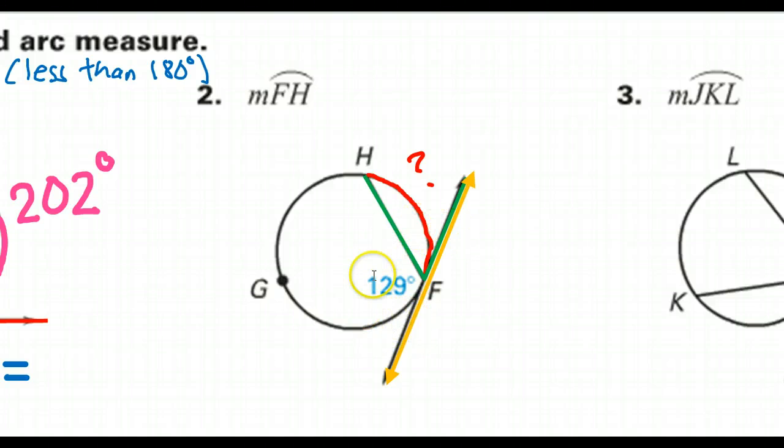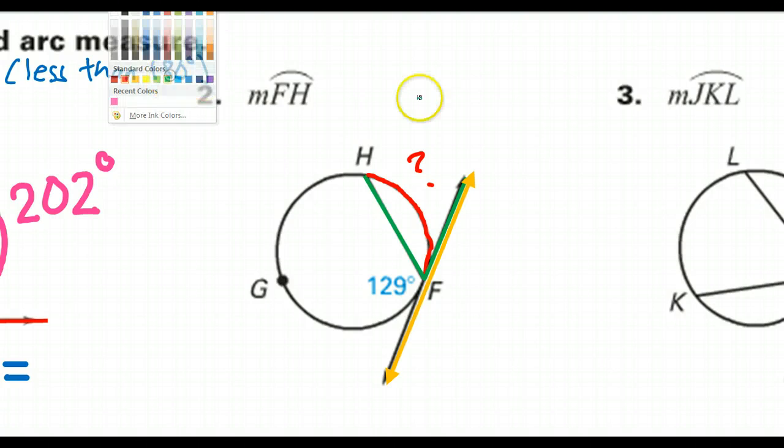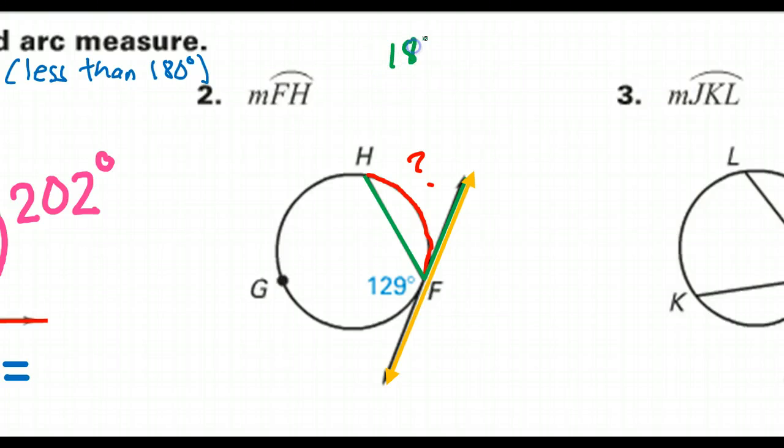The total of these two angles has to be 180 degrees. So I can just subtract from 180. So if we just go ahead and do 180 minus 129, that should give me the green angle. And that is 51 degrees.